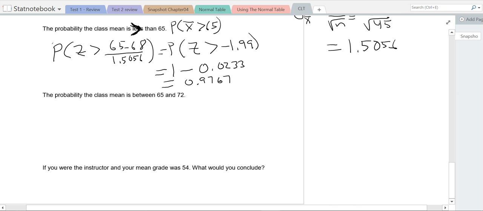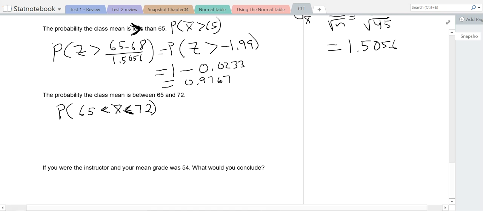The probability the class mean is between 65 and 72. So again, we're talking about the probability of the sample mean. If we're talking about the probability of a sample mean, inequality signs don't matter because we're working with continuous distributions here.